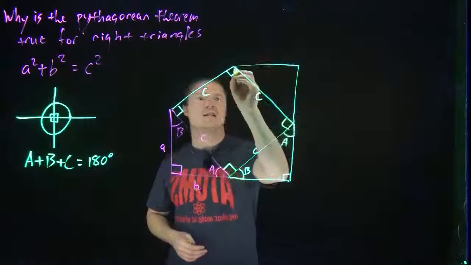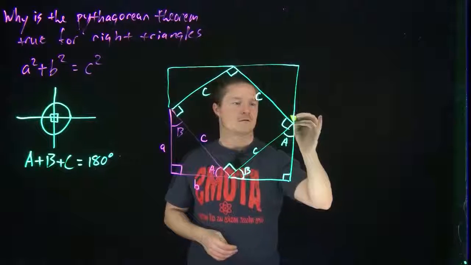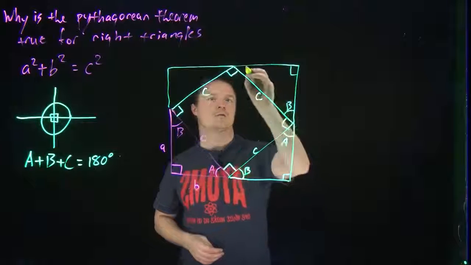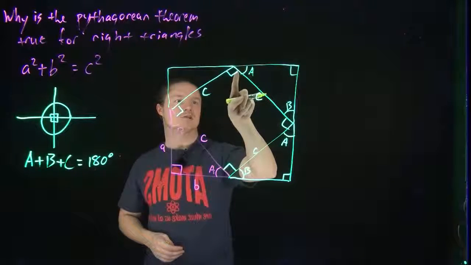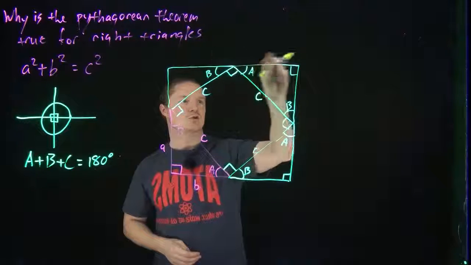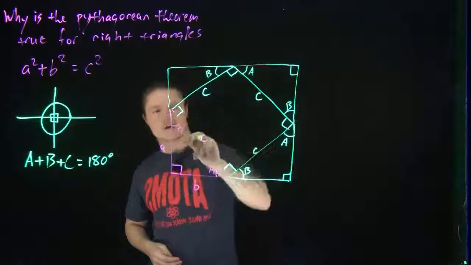Using that same idea, do the same thing for this triangle. This has to then be angle B, this has to be angle A. A plus 90 plus B adds up to a straight line, 180, straight line, 180, straight line, 180.